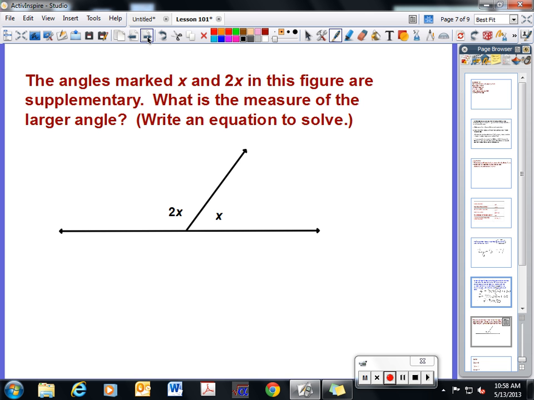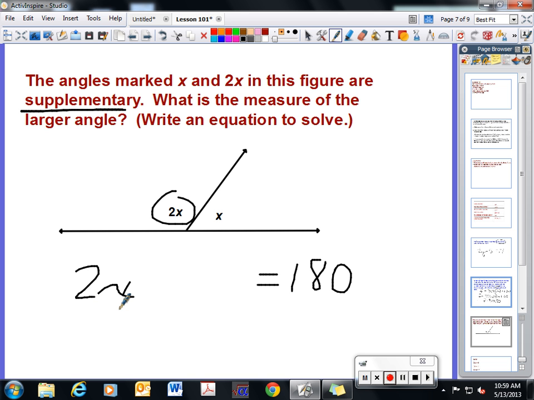All right, another way we could use writing equations is to figure out angles, special pairs of angles like complementary and supplementary. We know that if these 2 angles are supplementary, they're going to equal 180 degrees when we add them together. So we've got this angle, 2x, plus this angle, which is x.